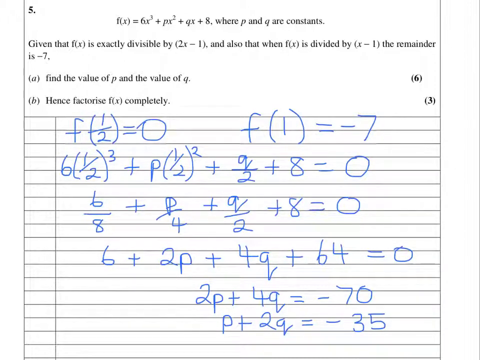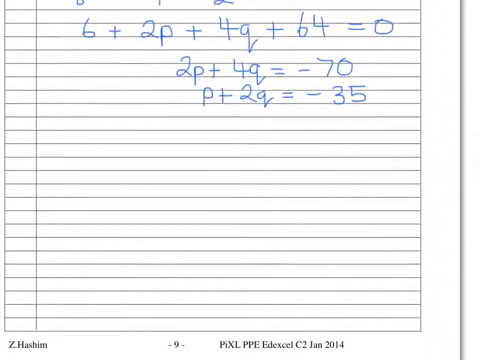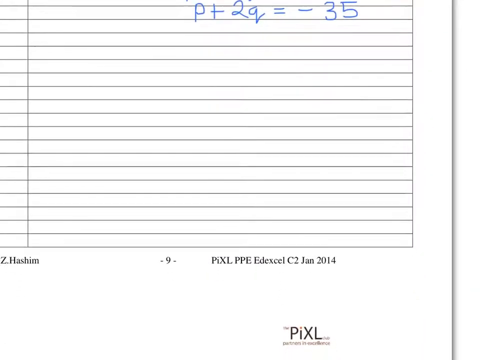So I'm going to now substitute x equals 1 into the equation for f, and equate that to minus 7. Substituting in 1 gives me 6 plus p plus q plus 8 equals minus 7.